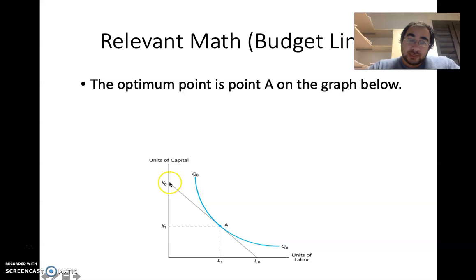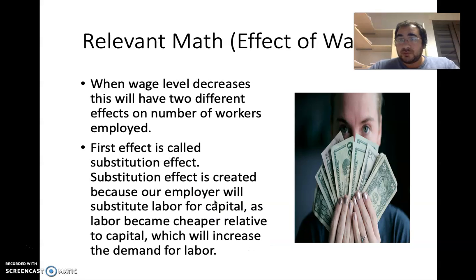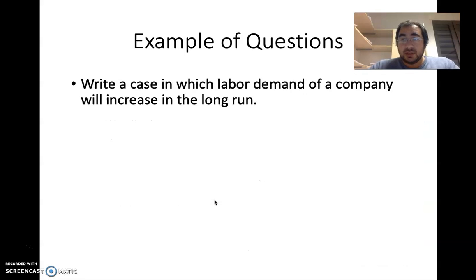We can also say that we should find the isoquant which intersects the budget line at only one point. The result will be the same.